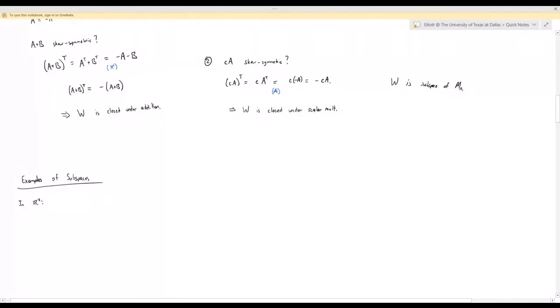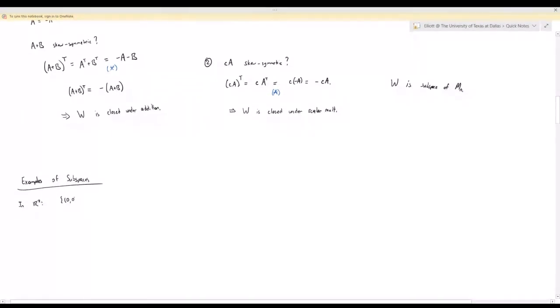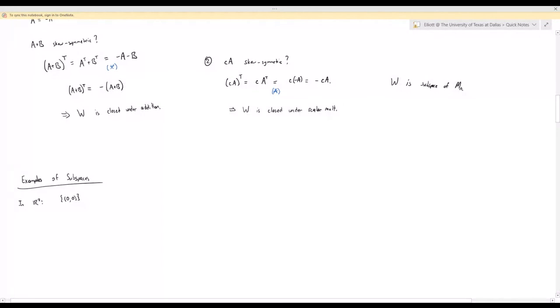So for R2, we can give a complete list of all of its subspaces. If we take the set consisting only of the zero vector, that is always a subspace because it's always closed under addition and scalar multiplication.